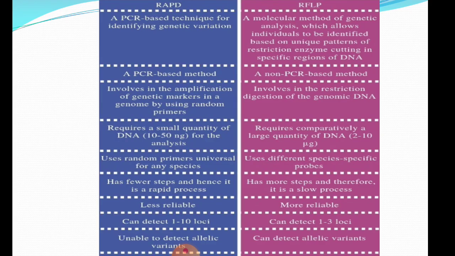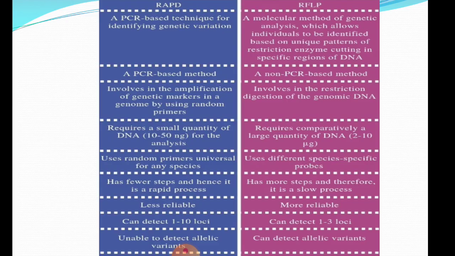Then RAPD has comparatively fewer steps and therefore it is a rapid process, whereas RFLP has more steps and therefore it is a slow process. RAPD is less reliable, whereas RFLP is more reliable. This is a difference.